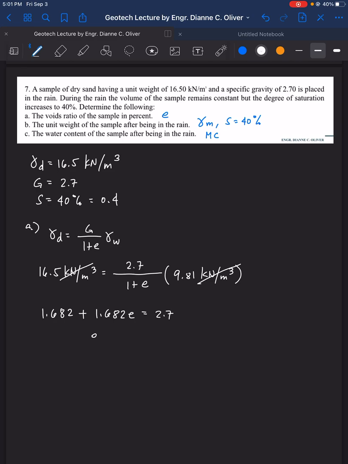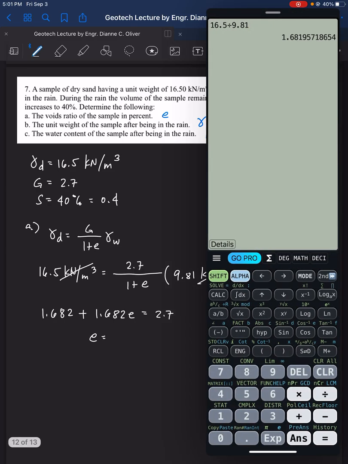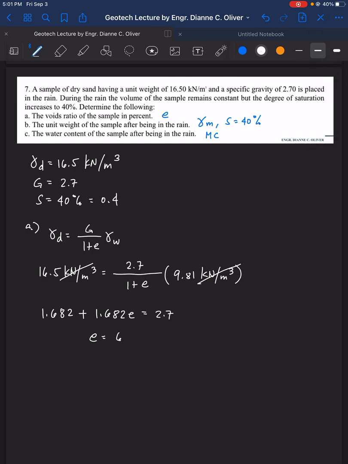So E is now equal to 2.7 minus 1.682, divided by 1.682. Okay, so E is 60.52%.